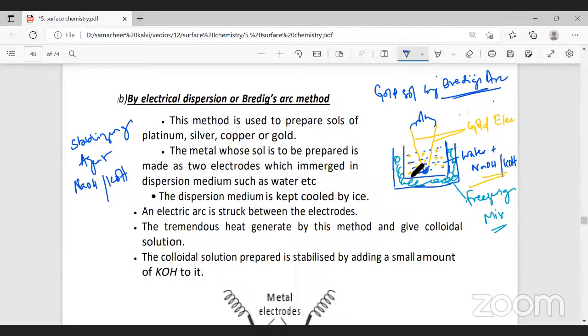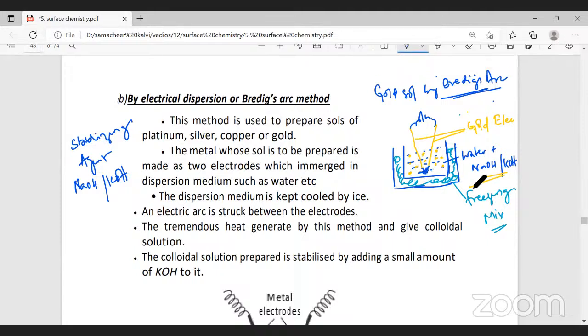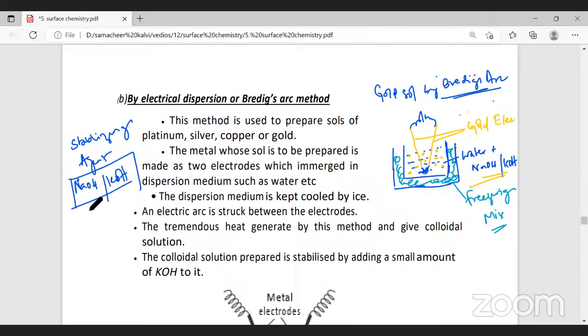In order to prevent the gold particles settling at the bottom, we use sodium hydroxide or a little KOH, which acts as a stabilizing agent. And this NaOH is also behaving like an impurity in the gold sol. The sol should contain gold particles and water, but it also contains Na plus, K plus, or OH minus ions. So this stabilizing agent itself acts as an impurity.